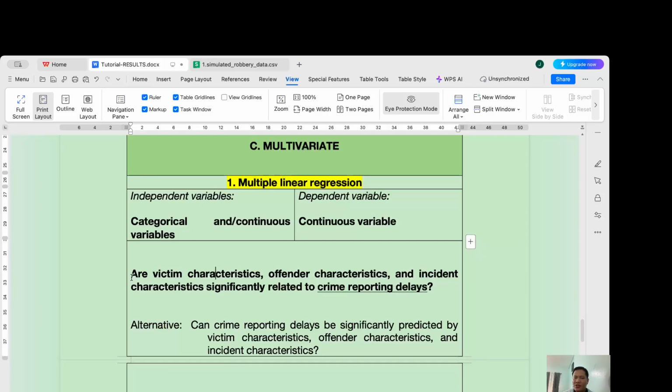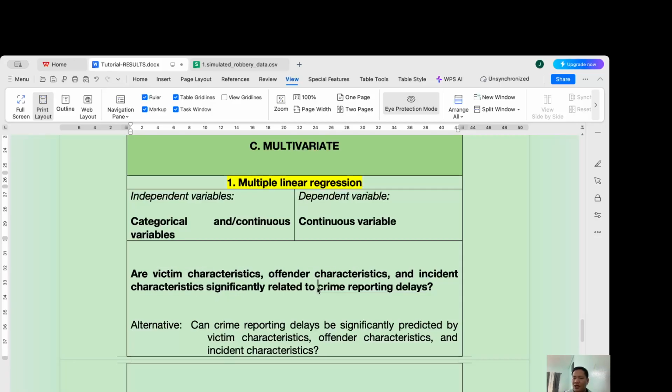The research question answerable by multiple linear regression may be written like this: are victim characteristics, offender characteristics, and incident characteristics significantly related to crime reporting delays? In other words, whether crime reporting delays in terms of minutes are affected by these factors: victim, offender, and incident characteristics.